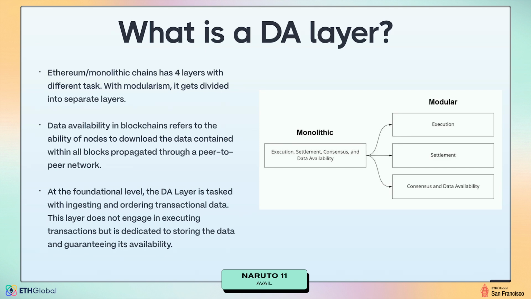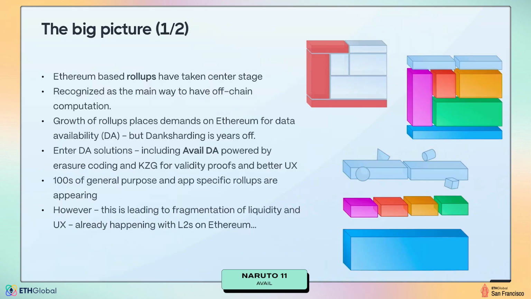The basic idea is that you want the data to be available at all times, and then people can link through the nodes and look at what there is, right? So nothing very complex. A data availability layer is basically where you post all the data, and then you make sure that data is available at all times. Big picture.